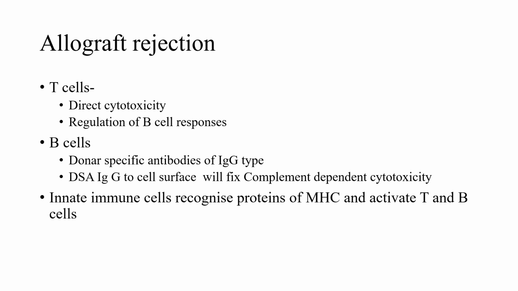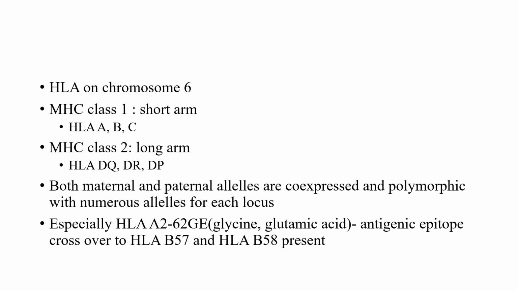These antibodies will cause destruction of the graft, and the donor specific antibodies will activate complement, which will stick to the cell surface and cause complement dependent cytotoxicity. So this is how the innate and adaptive immunity in turn result in graft rejection. The graft will get destroyed, and cytolysis happens.